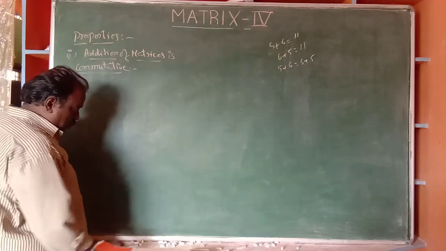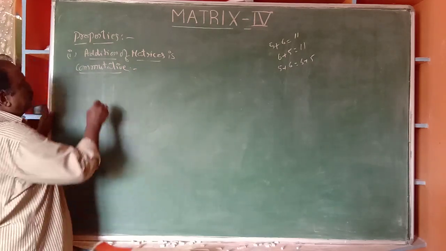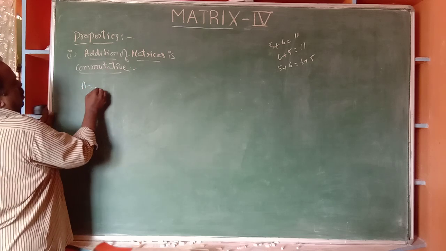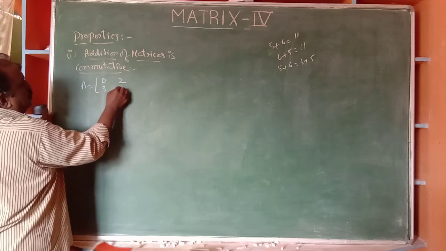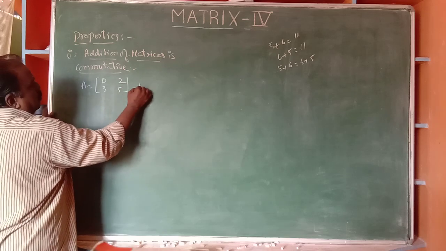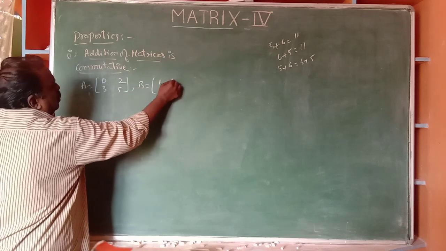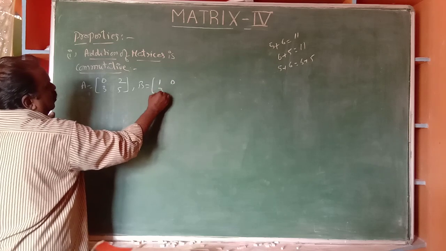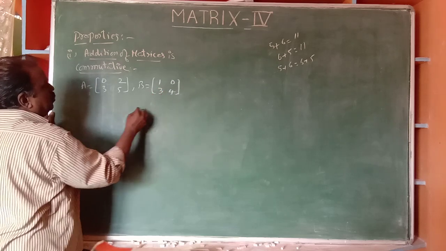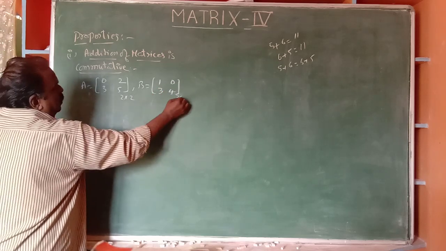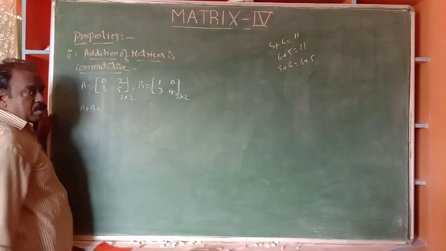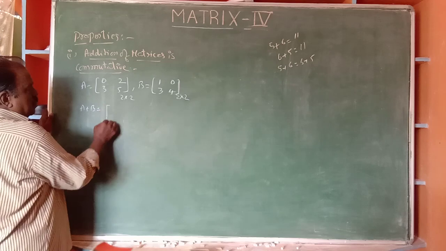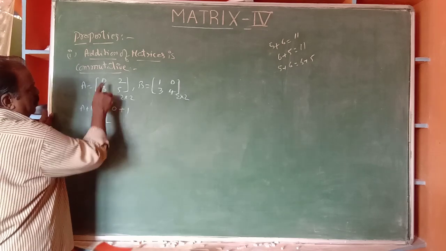We will see, observing. A is equal to 0, 2, 3, 5. B is equal to 1, 0, 3, 4. It is 2 by 2 and it is also 2 by 2. Then what is A plus B? It is 0 plus 1.